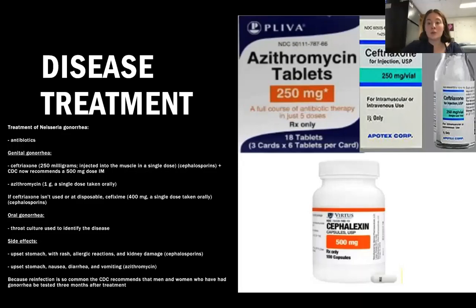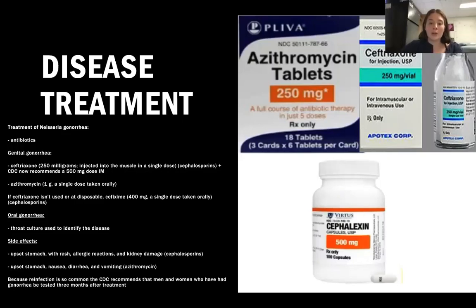There is also erythromycin, which has a 1 gram dose taken orally. It's a single dose. If ceftriaxone isn't used or at disposal, cefixime is used, and the dose is 400 milligrams, which is taken orally. It is also a part of the cephalosporin drug category.